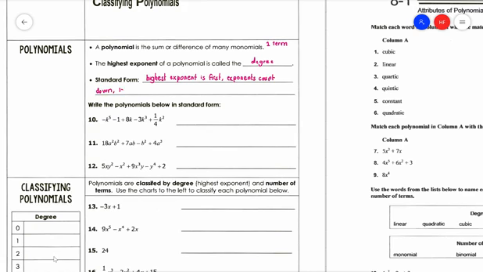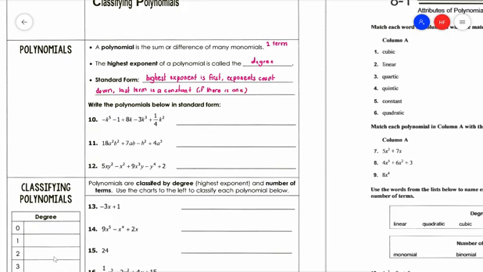And the last term is a constant if it has one. So we're going to write the polynomials in standard form.